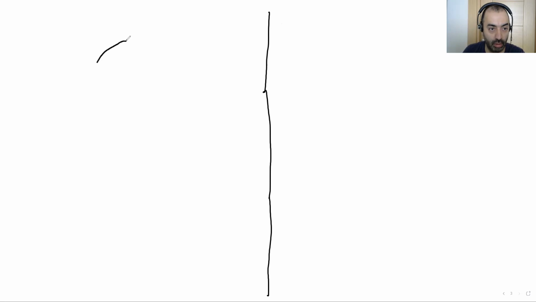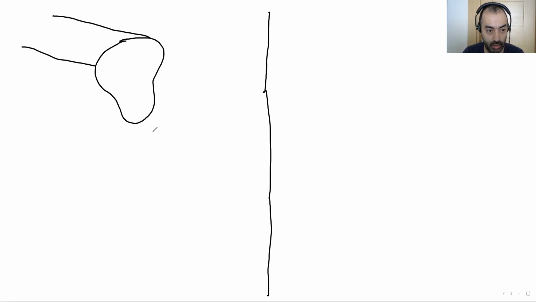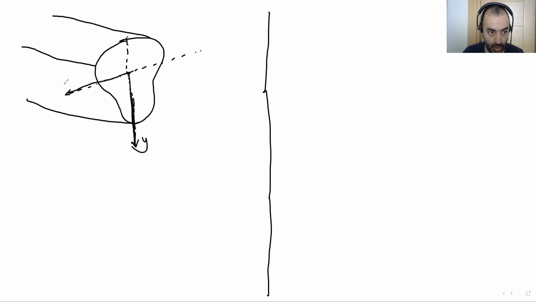If we have an arbitrary shape like this, this is the y-axis, this is the x. This is an arbitrary shaped member.